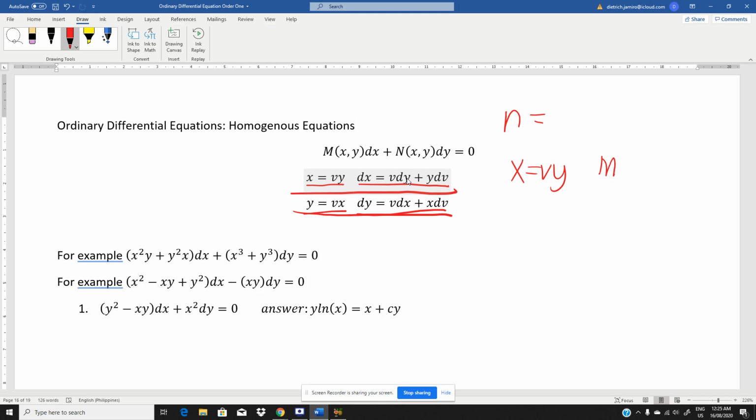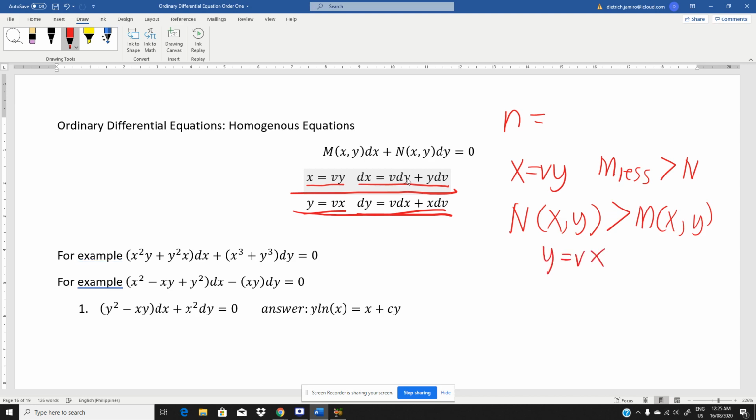So when M has fewer terms than N, we can use x = vy, and if N(x, y) has fewer terms than M(x, y), then use y = vx.